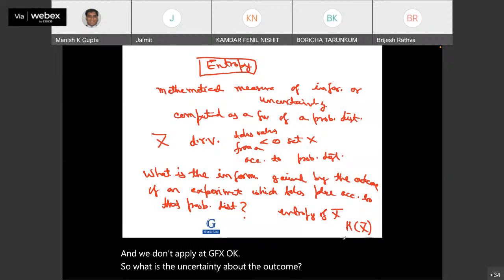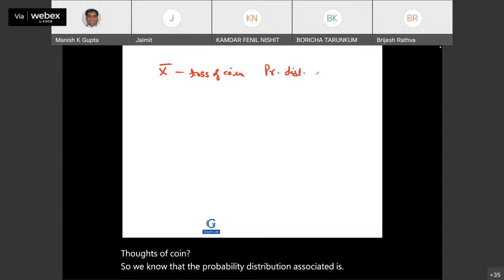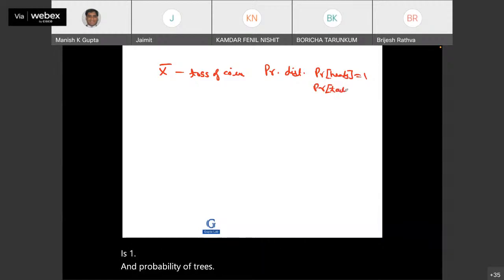So let me give a small example to motivate. Suppose x is the toss of a coin. We know that the probability distribution associated is: the probability of heads is half and the probability of tails is half.